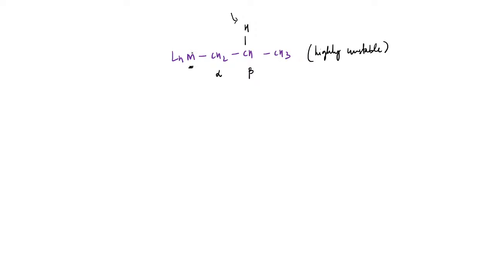Because this metal is making interactions with this hydrogen. So what's going to happen? This bond is broken, and this hydrogen gets connected with this metal, LnM. So this will get attached to the metal and now basically you'll be getting alkene.